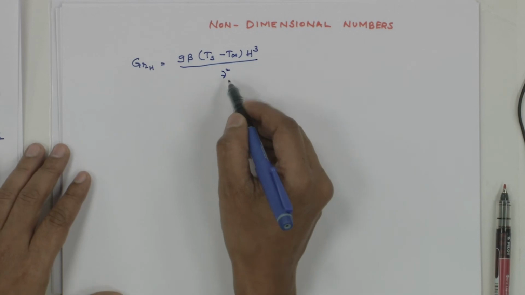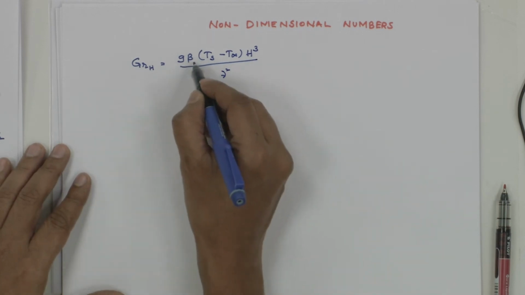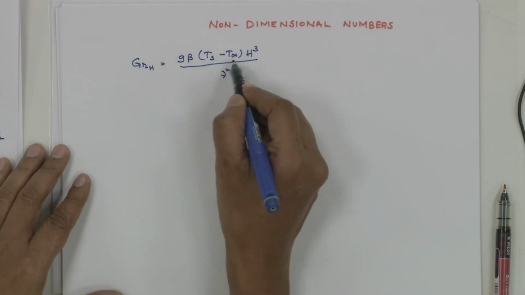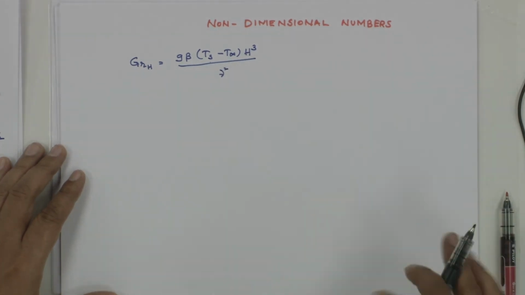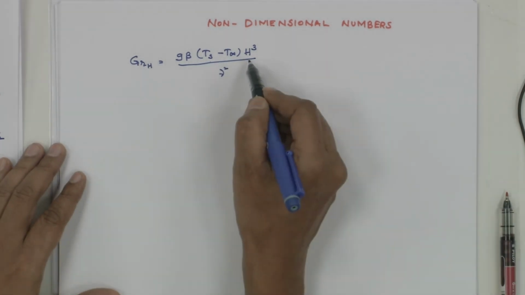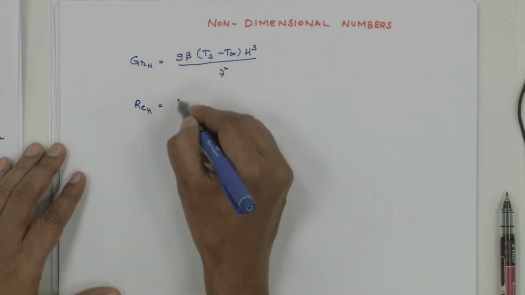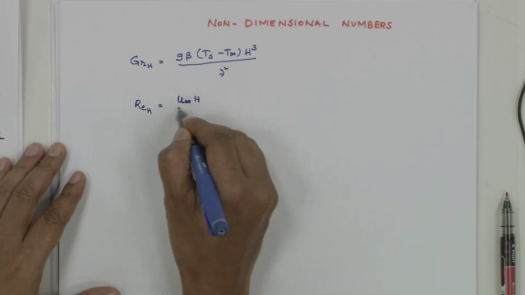Nu is kinematic viscosity, g is acceleration due to gravity, beta is coefficient of thermal expansion, Ts is the surface temperature, T infinity is the fluid temperature in the atmosphere, H is the height of the plate, Re_H is U infinity H by nu.